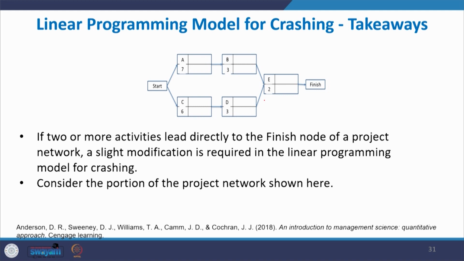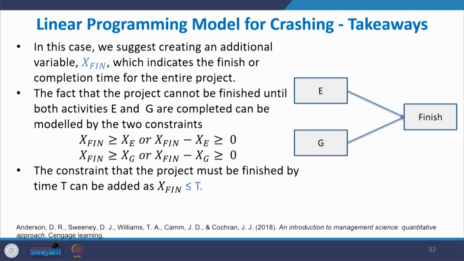There may be one more activity that will end at this finish node, so we need a slight modification in our LP model. Now, consider the portion of the project network shown here. There are activity E and activity G that come directly to the end node, that is the finish node.